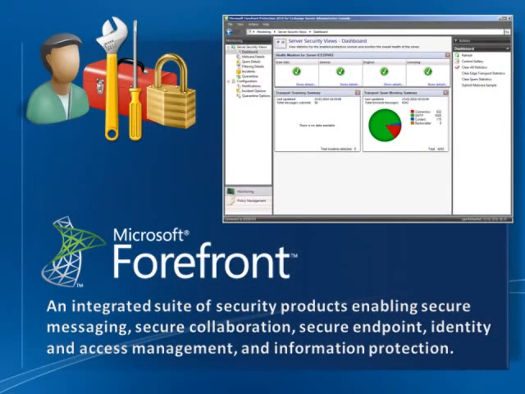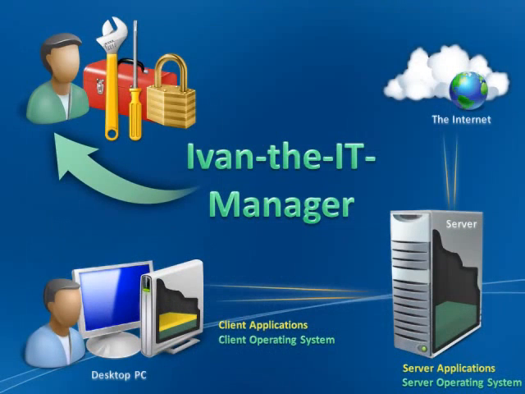So we have a whole family of products that are branded Forefront, and this is a family of products there to provide the whole security solution. We have a firewall product, products to protect the main communications servers, so antivirus, anti-spam products to protect, for instance, Exchange and SharePoint Server, and products to protect the client machines. So we've looked at the fact that Ivan, the IT manager, has our System Center products to help with management, and he has our Forefront products to help with the security side of things.